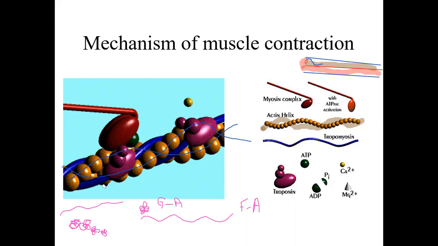The other blue is twisting around the second structure. So we have one blue line, this one, twisting around one of the actin molecules here.